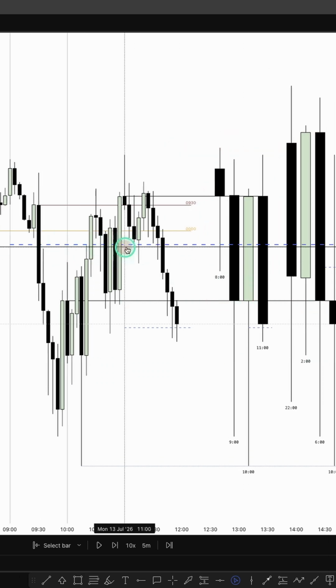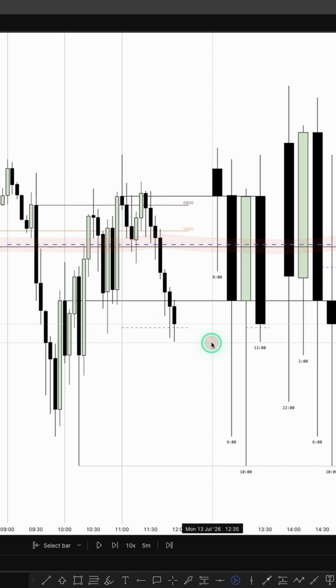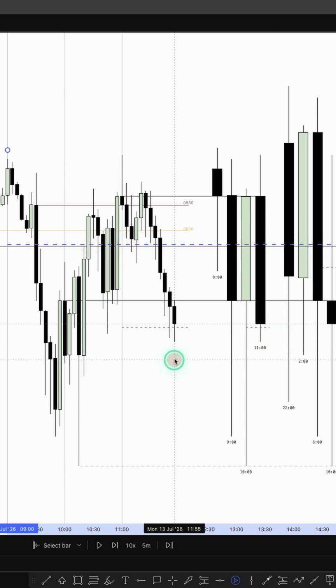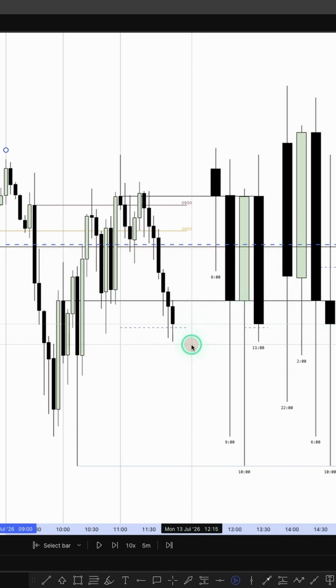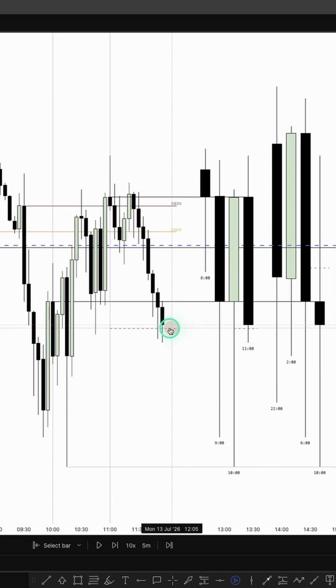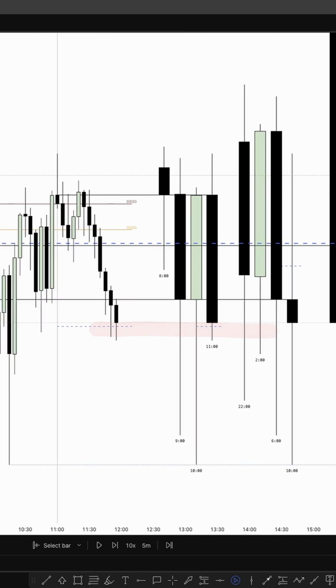What we want is 12 o'clock to respect this dotted blue line here, because that's the midpoint of 11. So if I'm looking for a short, I want 12 o'clock to go high, then go low, and give me that change in state of delivery so I can try to take a short.